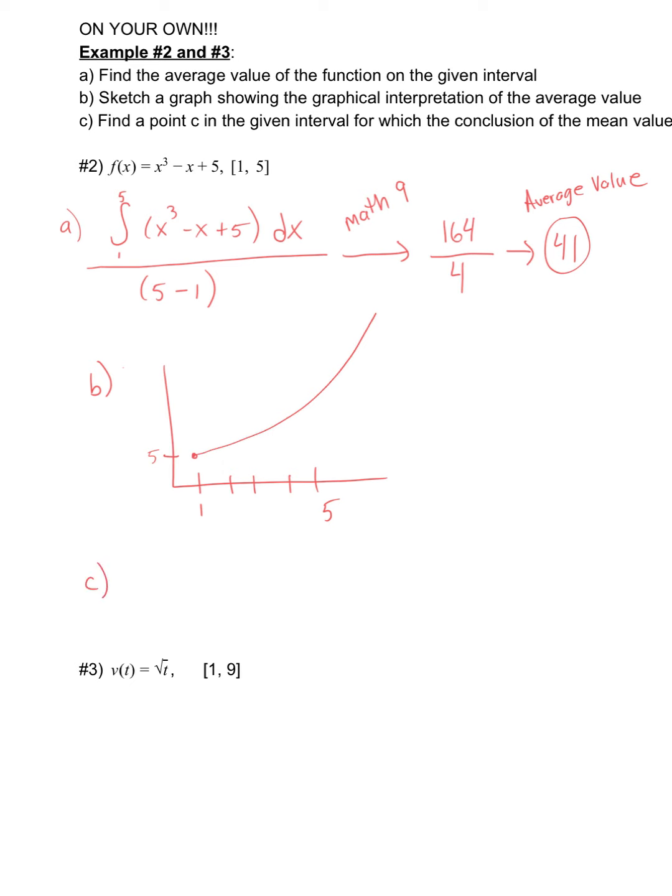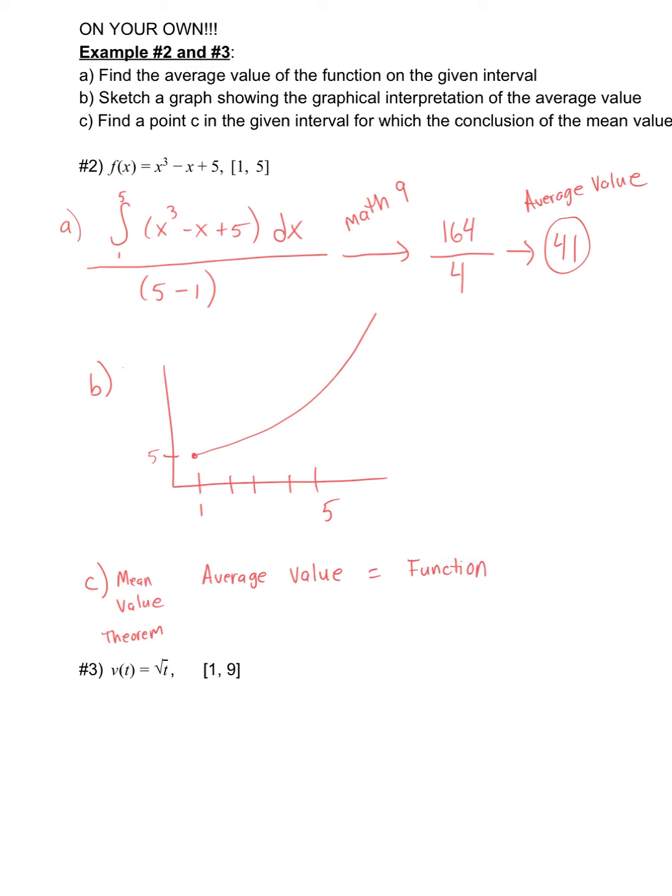Part C. Okay, part C is the mean value theorem. All right, find the point in our interval that makes the conclusion of the mean value theorem work. So we're looking for a value somewhere in here. So remember, this is the mean value theorem, and that's of course for integrals, but we take the average value and we set it equal to our function.